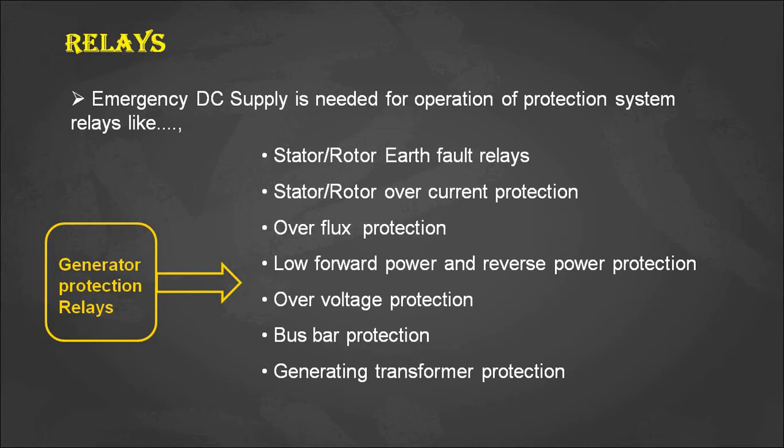These are some of the protection relays which use the DC supply for protection of the generator and the turbine. And the last one is under and overflux protection, because this protection has to be there 24 by 7 whether there is an AC supply or not. That's why we are using the 220 volts DC supply as the backup supply for these relays.